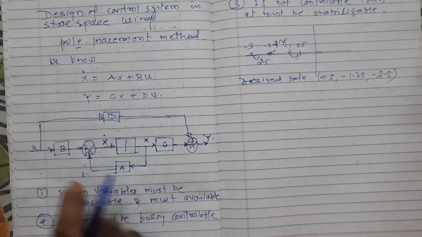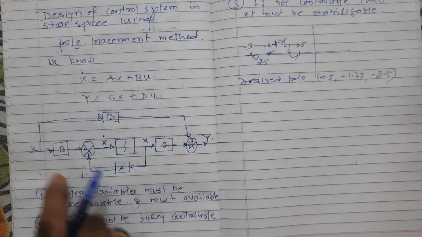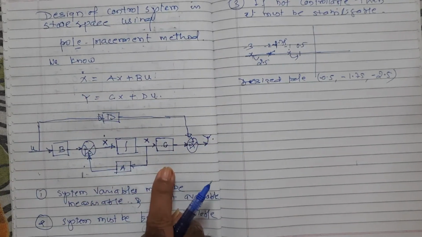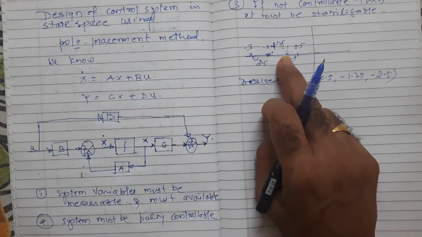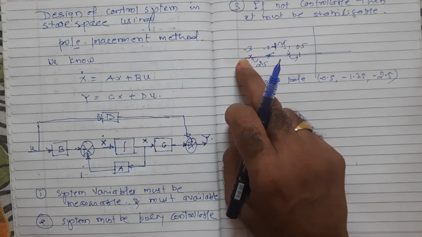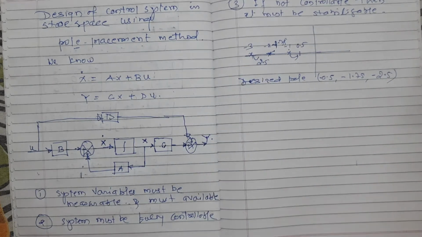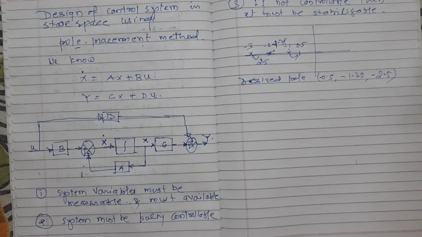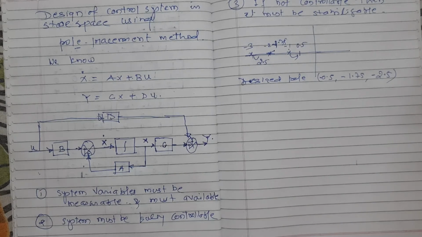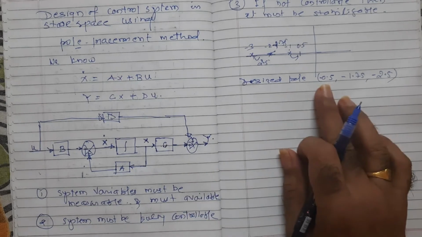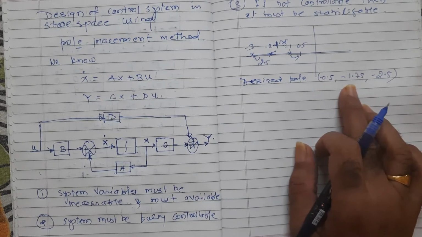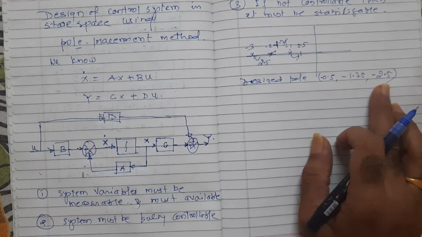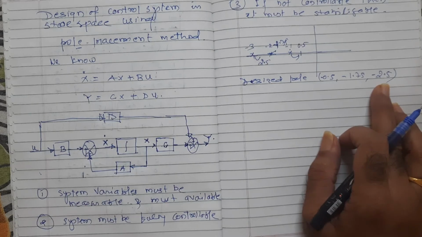When my system is like this one, I got the poles at -1, -2, and -3. But now I want to design the system with some desired pole locations. I want the first pole at -0.5, the second pole at -1.75, and the third pole at -2.5.